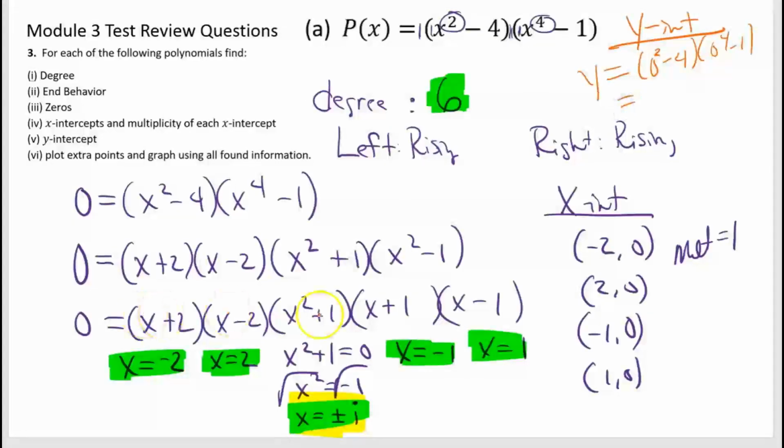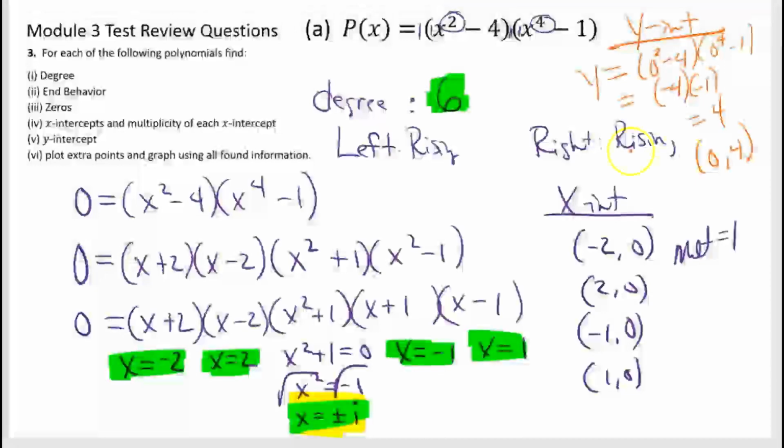You could also plug it into this factored form, that was just more work. So 0 squared minus 4 is negative 4. 0 to the 4th minus 1 is negative 1. That negative 4 times negative 1 is positive 4, so the y-intercept is 0, 4. Now, it's just to plot extra points in the graph.